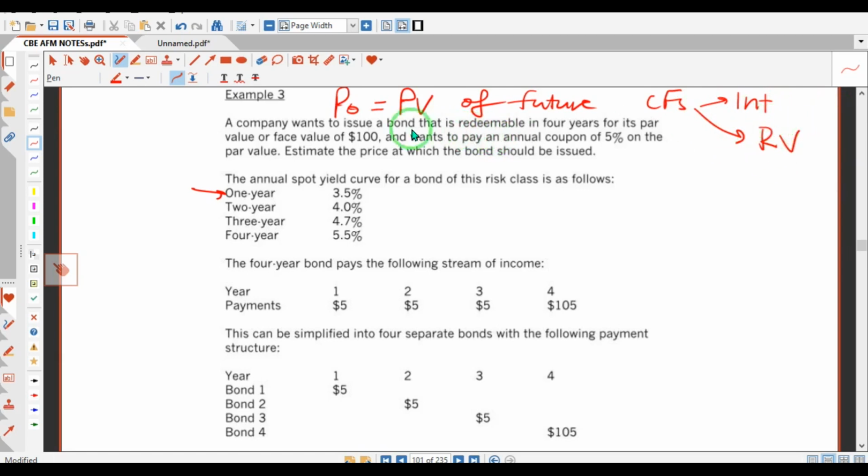In this case, the bond is redeemable in 4 years' time at par, face value 100, coupon is 5%. This is the yield that you are going to be given.